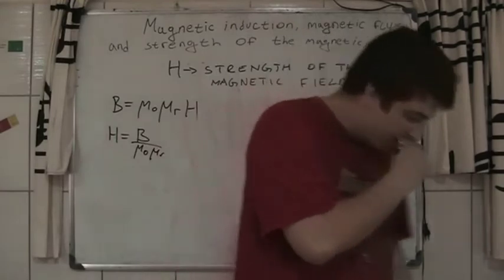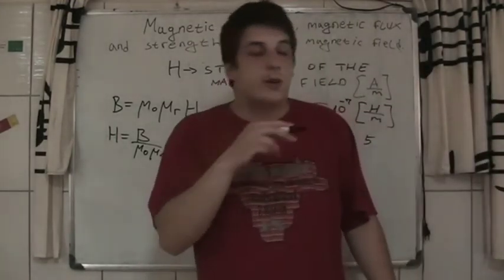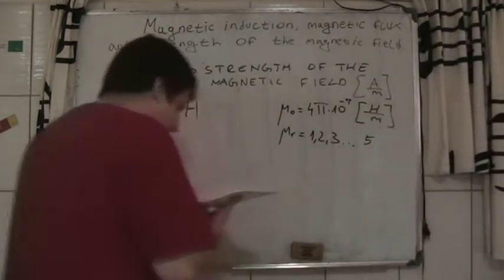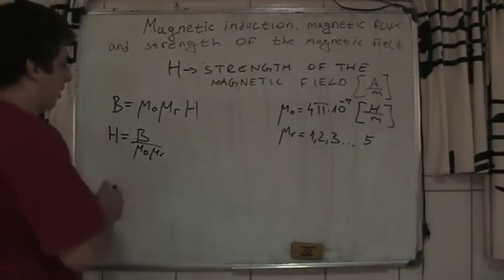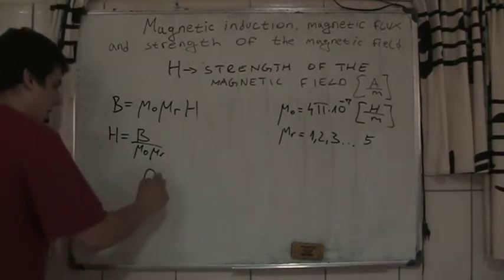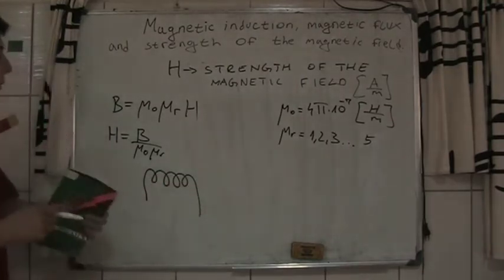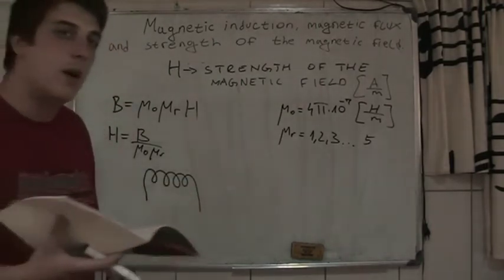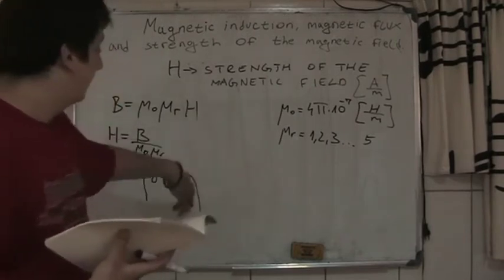We also measure the strength of the magnetic field of solenoids. So for example, we have a solenoid, it looks like this. And how can we measure the strength of this magnetic field where the electric current is going through this circuit?